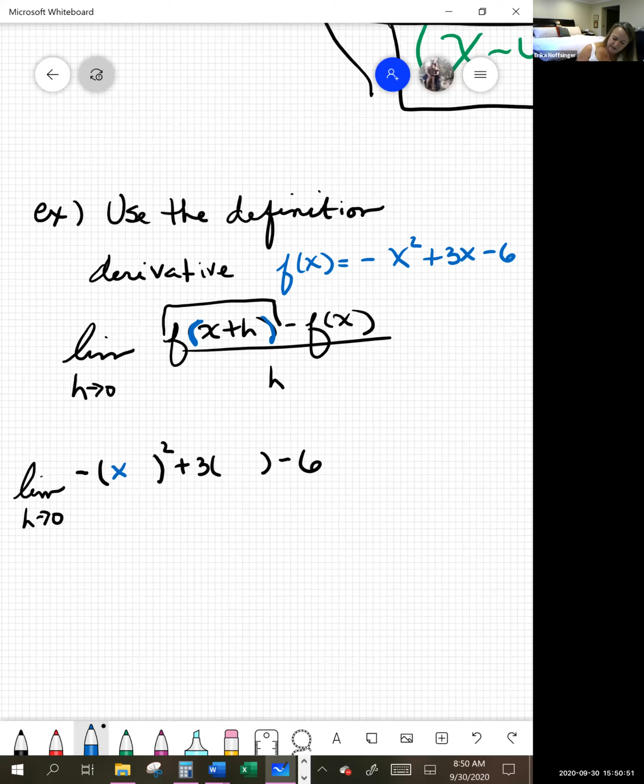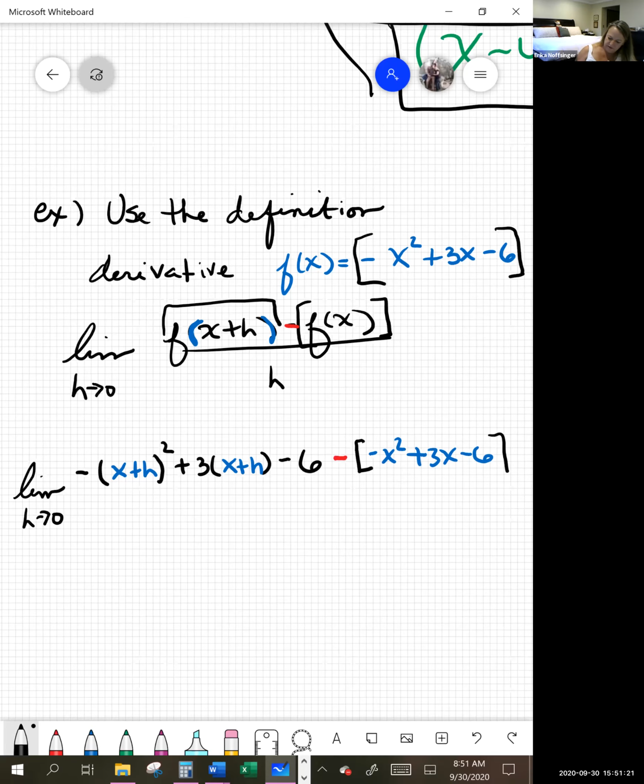Inside those parentheses, we're plugging in x plus h. Then it tells us to subtract off your whole function f of x. Well, our whole function f of x is this, so minus this negative x squared plus 3x minus 6. And then we put it all over h.